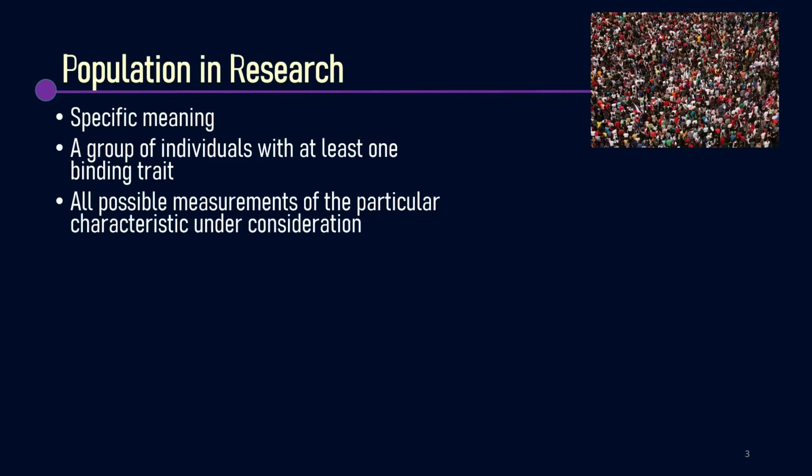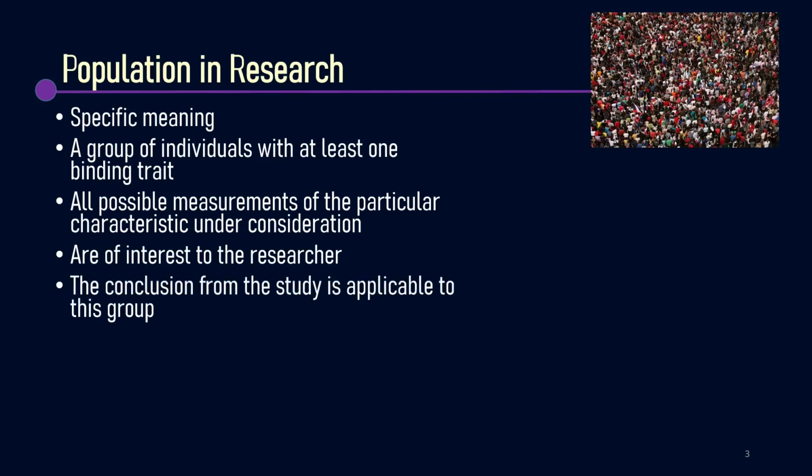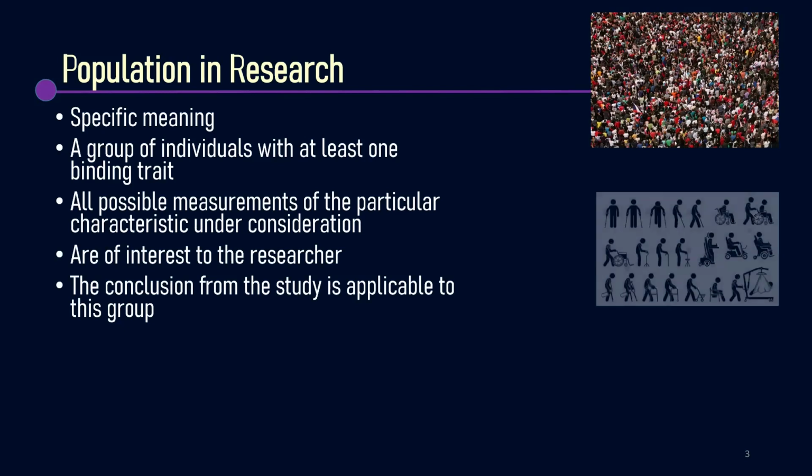Another way to describe population is this: all possible measurements of the particular characteristic under consideration is a population, and this population is of interest to the researcher. The conclusion from the research study is applicable to this particular group, though there is a possibility of extrapolating the conclusion from this population to others as well.